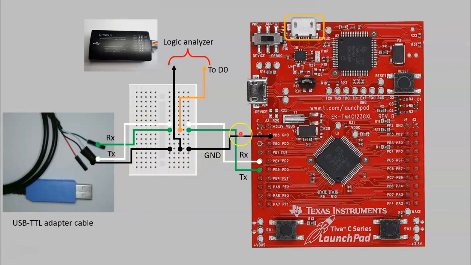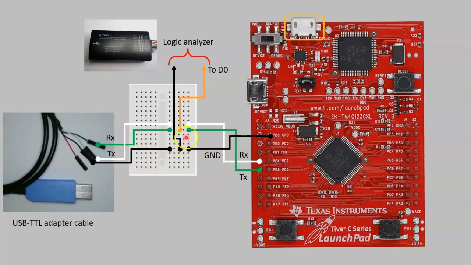And then we have the ground of the launchpad board to the ground of the USB TTL cable. Ground to ground.